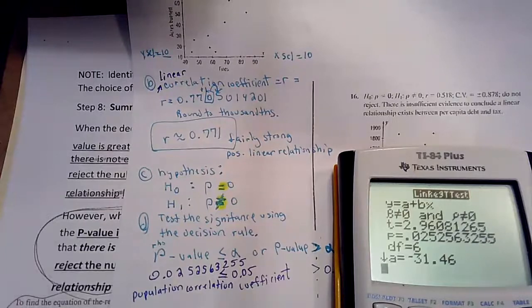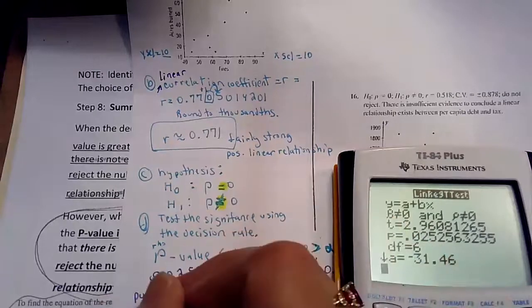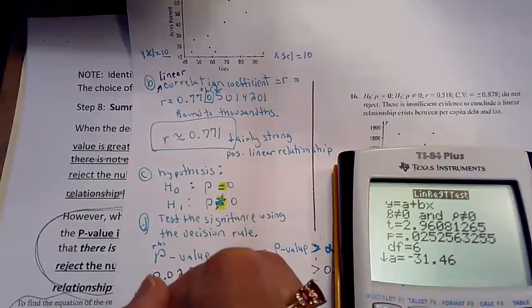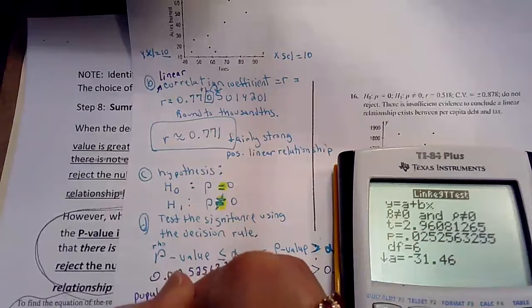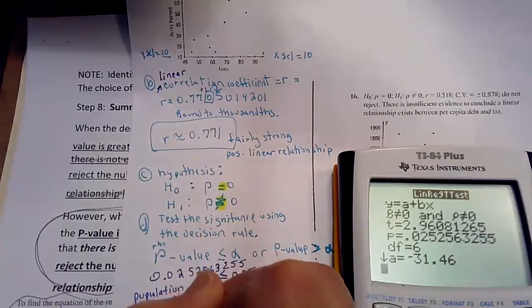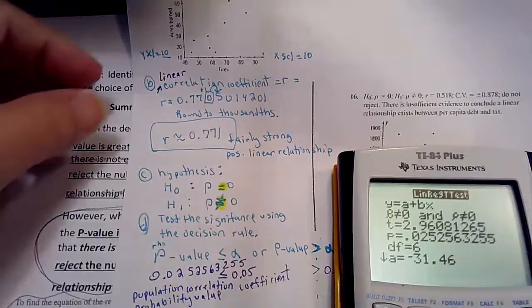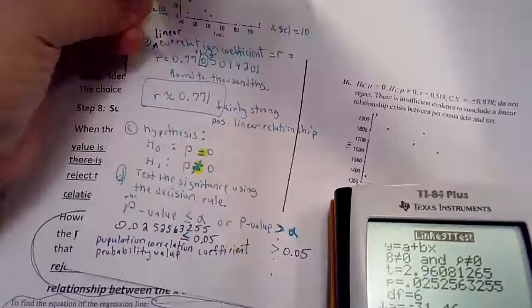I'm also going to call it probability value also. You can write that down, please.